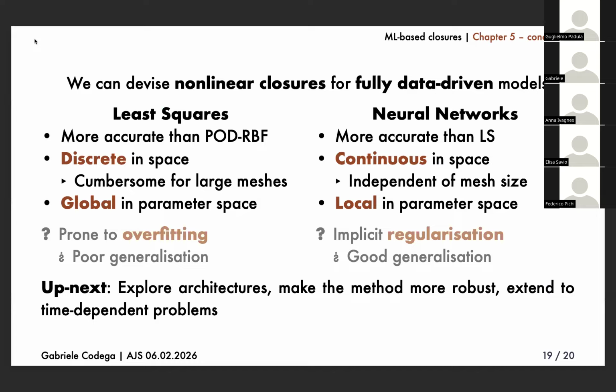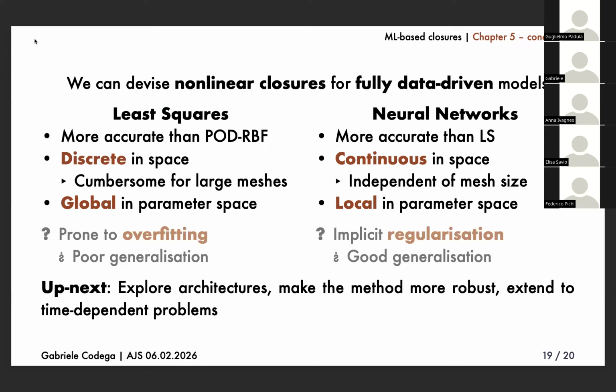And we have these key differences: least squares is discrete in space, while the neural network is continuous in space, so it's independent of the mesh size. So the size of your optimization problem typically doesn't grow with your mesh. And again, you can do that subsampling thing to speed up the training.